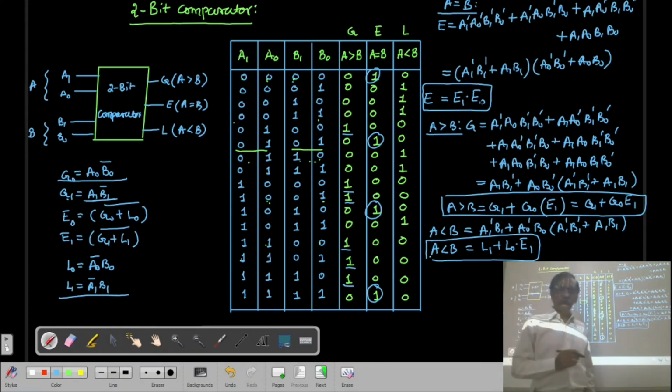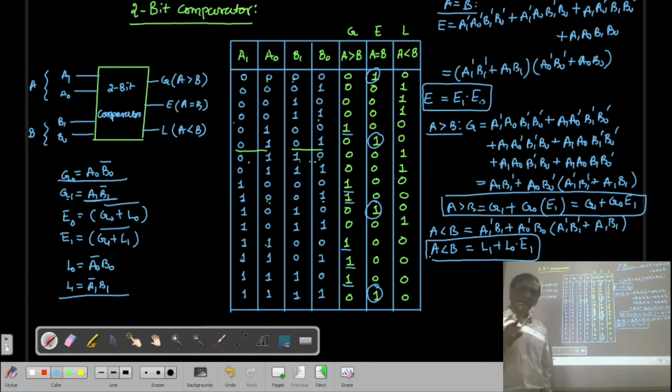Now, instead of 2 bits, if you have a 3-bit or 4-bit binary number, or let us say an n-bit binary number, then what is the general expression for equality, greater than and less than?